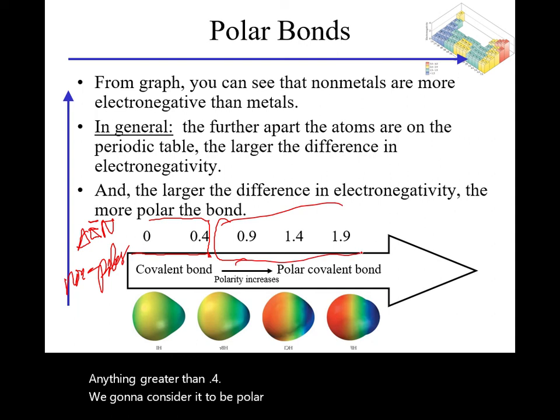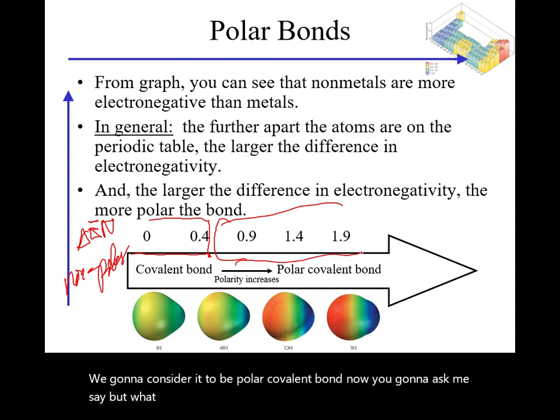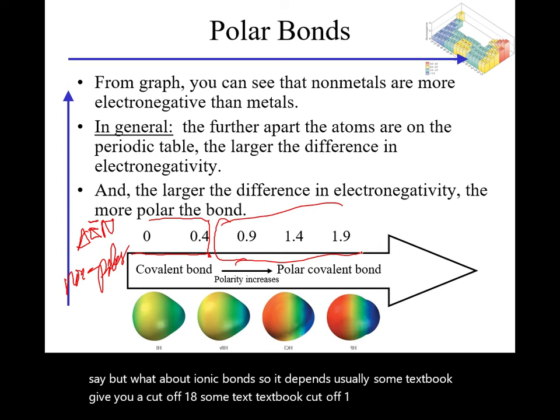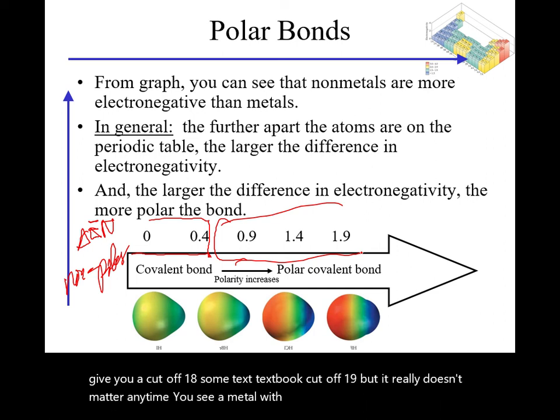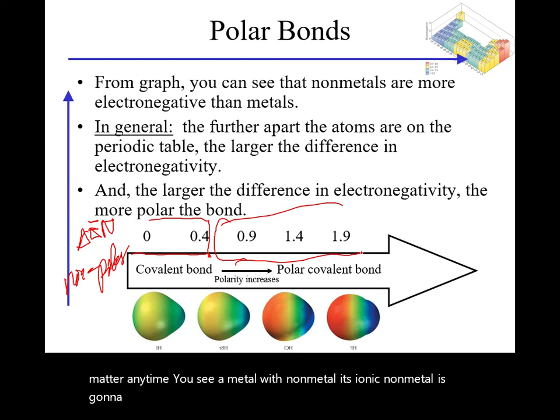Now you're going to ask me, but what about ionic bonds? So it depends. Usually some textbooks give you a cutoff of 1.8, some 1.9, but it really doesn't matter. Anytime you see a metal with a non-metal, it's ionic. Non-metal with non-metal is going to be covalent, so I wouldn't worry about an upper limit on polar covalent bonds.